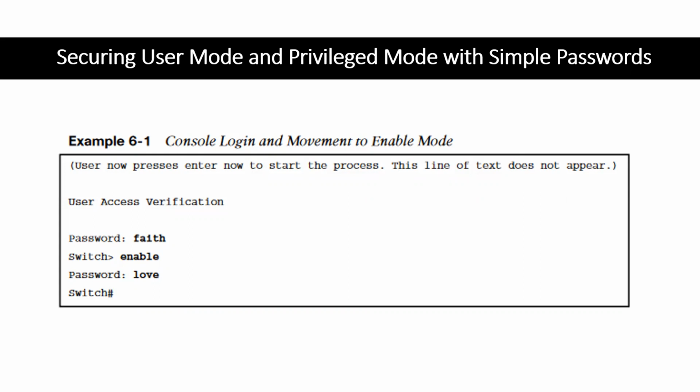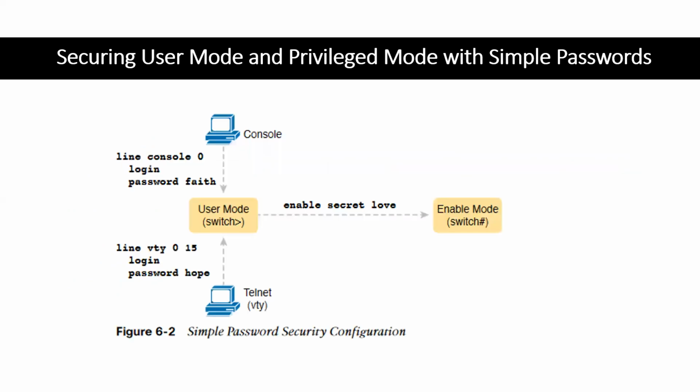As you guys can see there, next to that first prompt in user mode, you type the word enable like we went through before. But since we secured access to privilege mode, it's going to prompt you for a password. So this is one of the many ways that we can secure user mode and privilege mode using simple passwords. Let's go ahead and keep going.